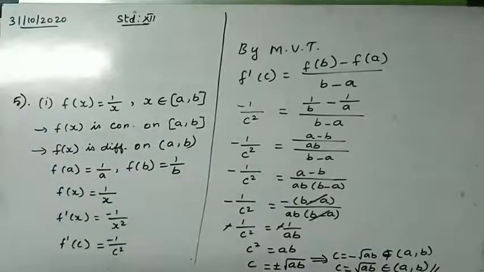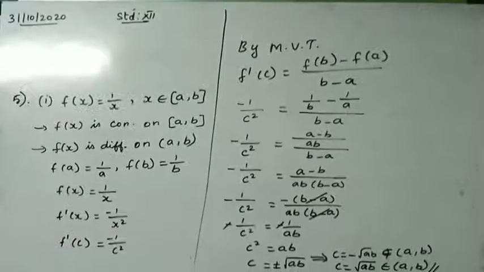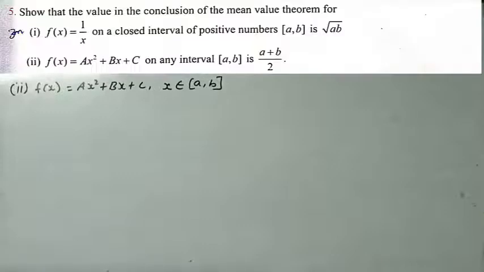Then second subdivision. f of x is equal to capital A x square plus capital B x plus capital C, where x belongs to the closed interval a comma b, and we want to prove that the c value is a plus b by 2, small a plus small b by 2.